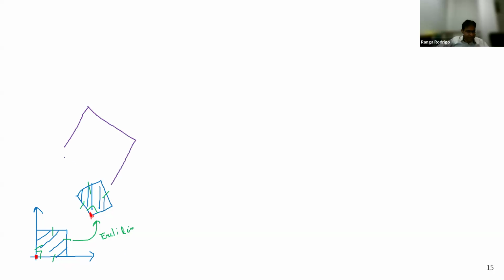Still, it's a square, and the sizes are different but equal. When the size changes isotropically in all directions, we call it a similarity.